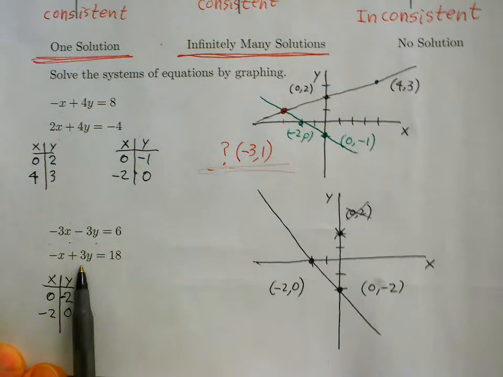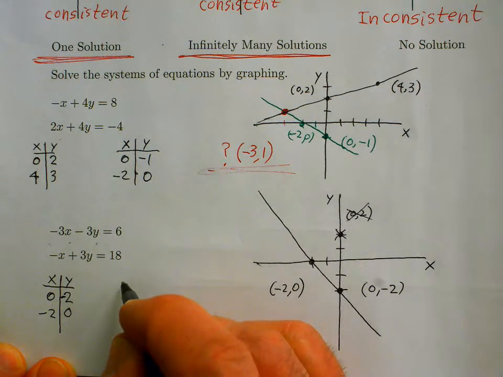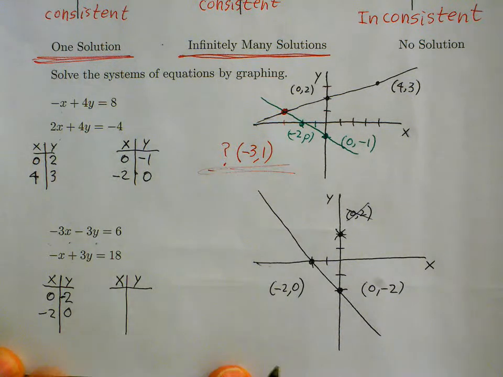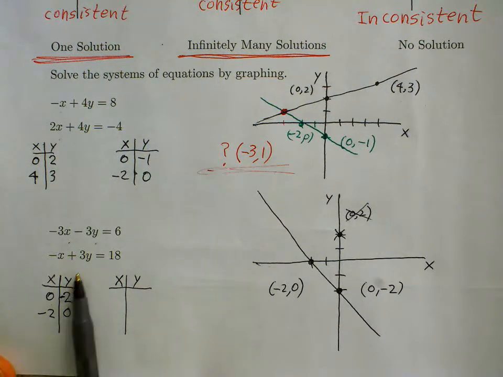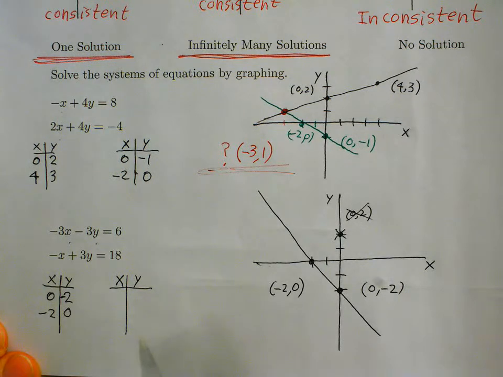Okay, then for the bottom line, let's see. If I pick x to be 0, 3y equals 18 means y is 6.